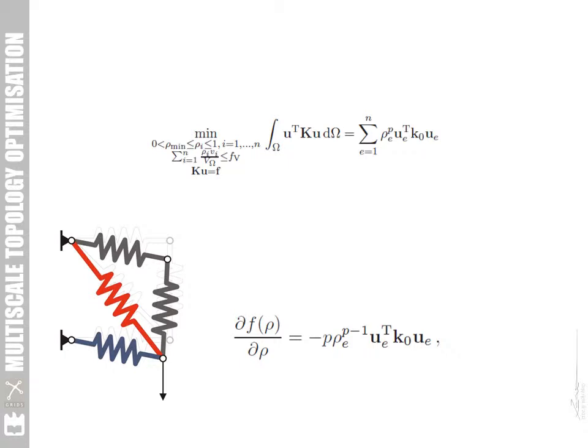What the derivative tells us is that it's better for the objective to have more material there because of the minus. The minimization makes it better to have more material in the ones that effectively respond to the boundary conditions, to the load. In the next step we have more material where it's needed and less material where it's not needed.